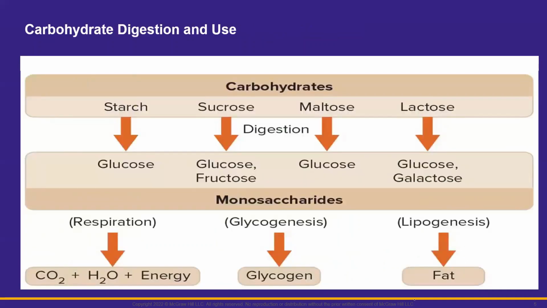Okay, this is carbohydrates. Again, this is what we eat. Mostly we eat starch, from potato, bread, and rice. They contain a lot of starch, which is a polysaccharide. If we take table sugar, it is mostly sucrose, which is a disaccharide.